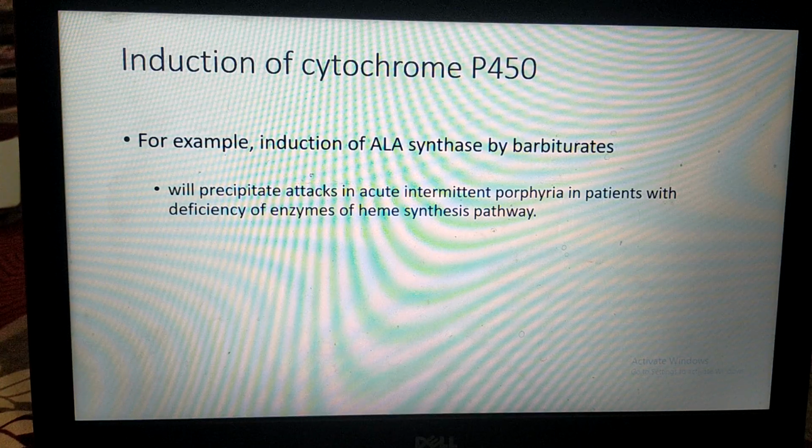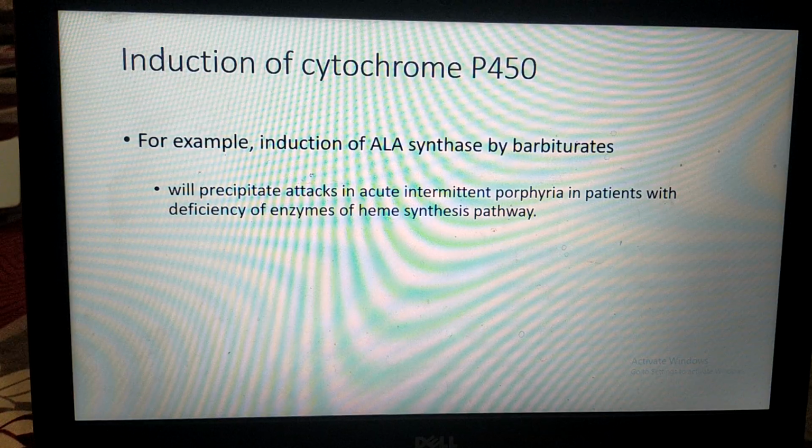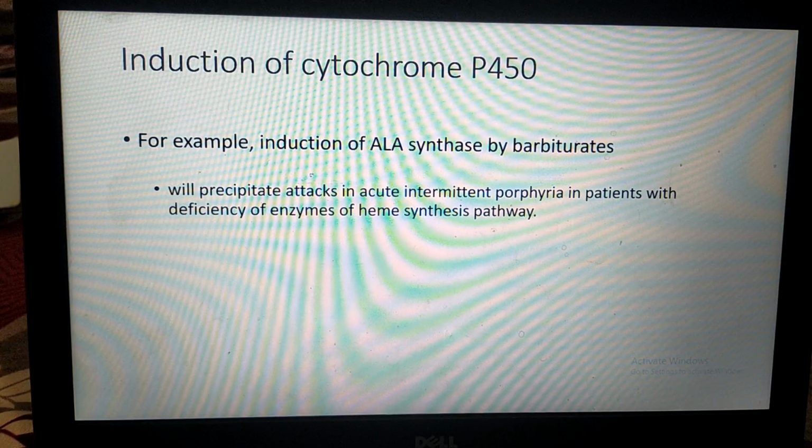When this enzyme is stimulated, more and more intermediates of heme biosynthesis are synthesized and they get accumulated in the body, and this leads to a disease called acute intermittent porphyria that all of us know. It is a disorder of the heme synthesis pathway. So this is also sometimes a bad effect of the drug phenobarbital that you have to keep in mind.